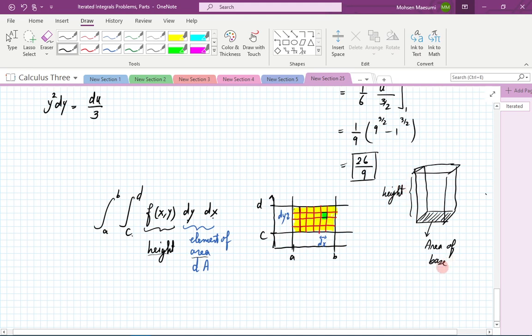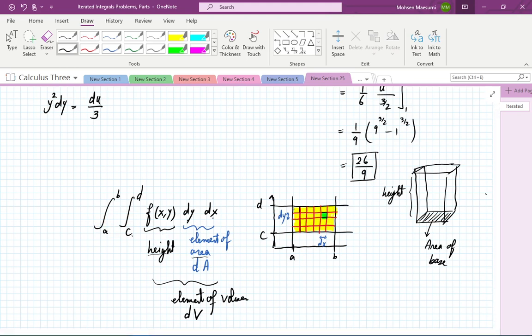If you multiply base by height, what you are calculating is an element of volume. So we might write this thing as element of volume, and suggestively the element of area times the height becomes the element of volume. So what we are doing is adding up volumes of boxes that have different heights on different cells. Integration simply means add up all those little pieces of volume.